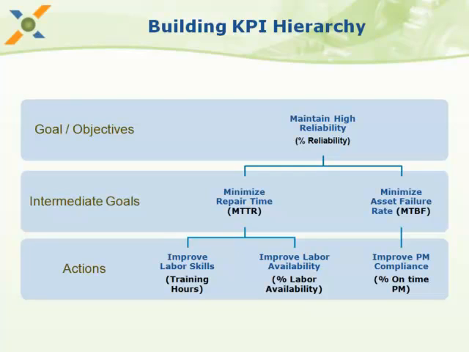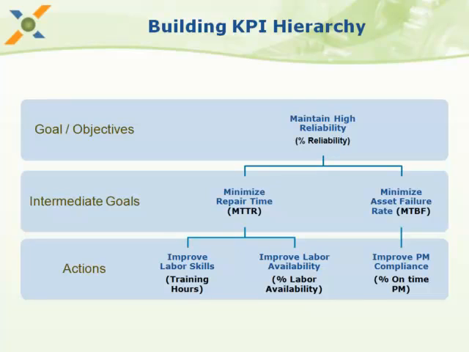From a monitoring perspective, we can monitor all our actions. In this case, how many training hours we have allocated, and our laborers are spending. Similarly, let's take minimizing failures. We can improve our PM and PDM program, so you want to monitor % on-time PM.